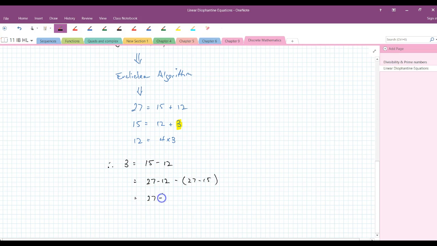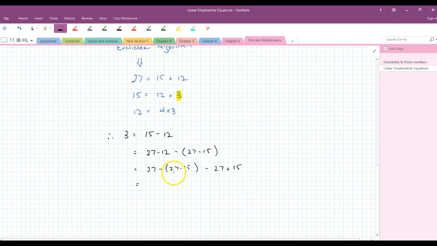So I've got 15 minus, now the 12 is 27 minus 15, which gives me 15 minus 27 plus 15 if I lose the brackets. Gathering everything, I've got 27 by minus 1, and two 15s.